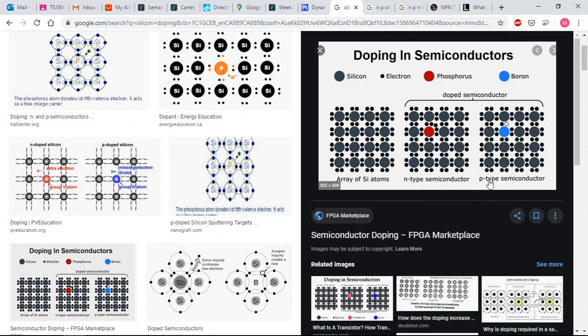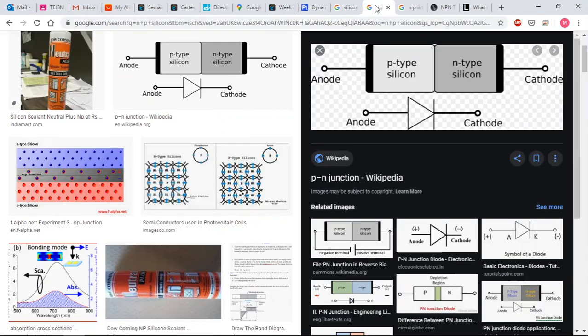There's no interest in doing this if we don't sandwich those things together. And so you get the diode: a P-type and an N-type sandwiched together. Now there's names to those pins. The P-type gets anode, the N-type gets cathode. A plus here and a negative here will conduct this way.